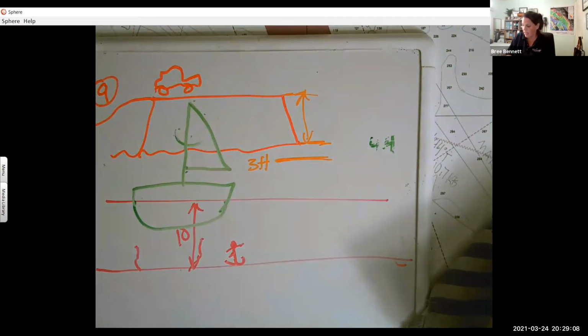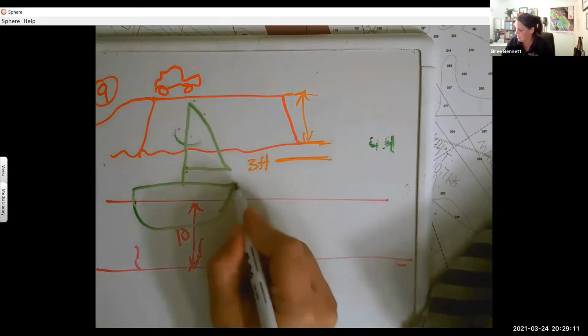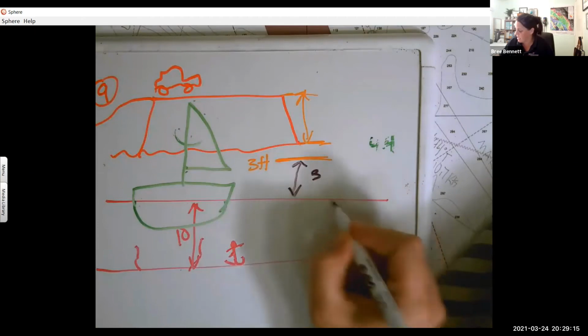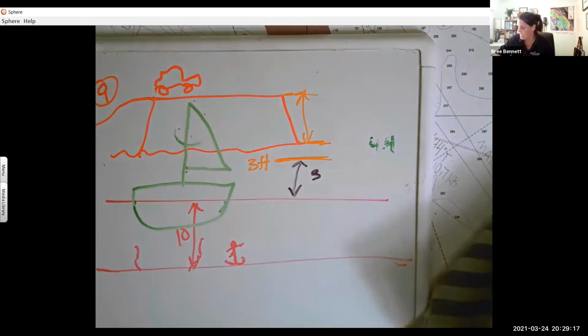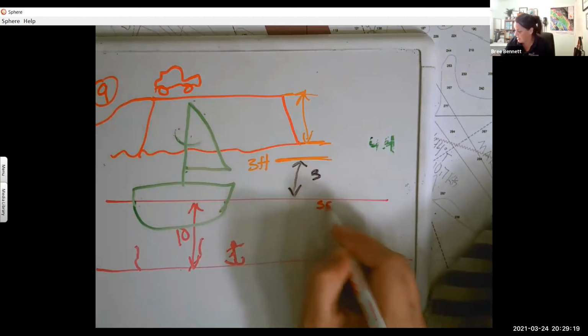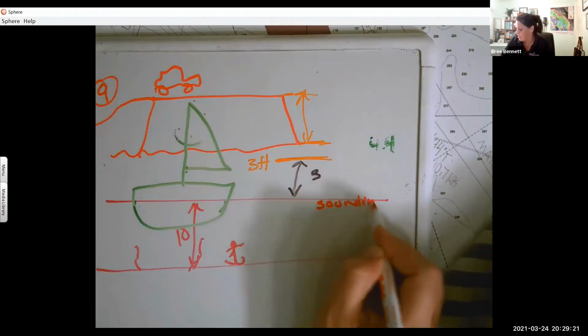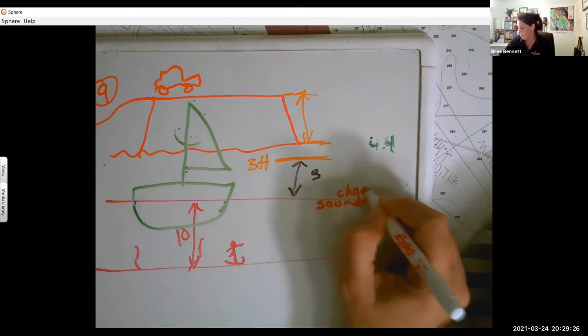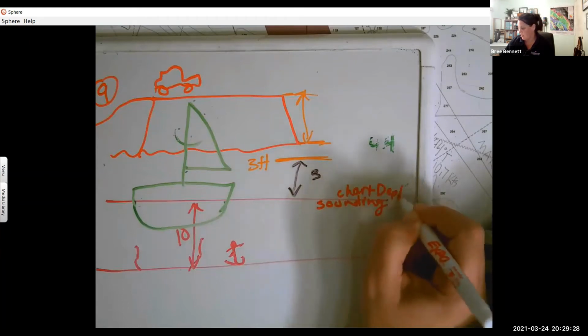Okay. So I need the tide to be 3 feet, because this is my sounding on the chart depth, which is 10.